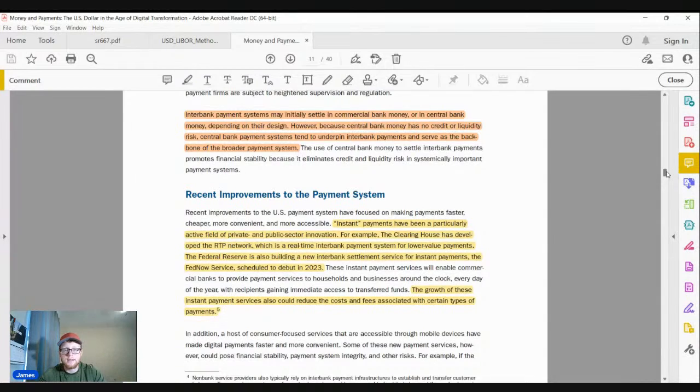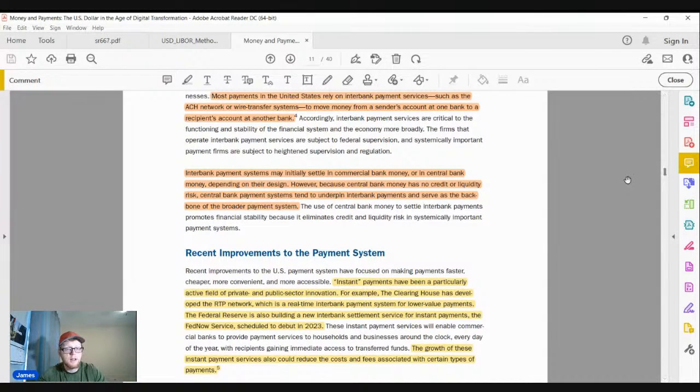So how would a central bank digital currency change that? Interbank payment systems may initially settle in commercial bank money or in central bank money, depending on their design. However, because central bank money has no credit or liquidity risk, central bank payment systems tend to underpin interbank payment systems and serve as the backbone of the broader payment system.